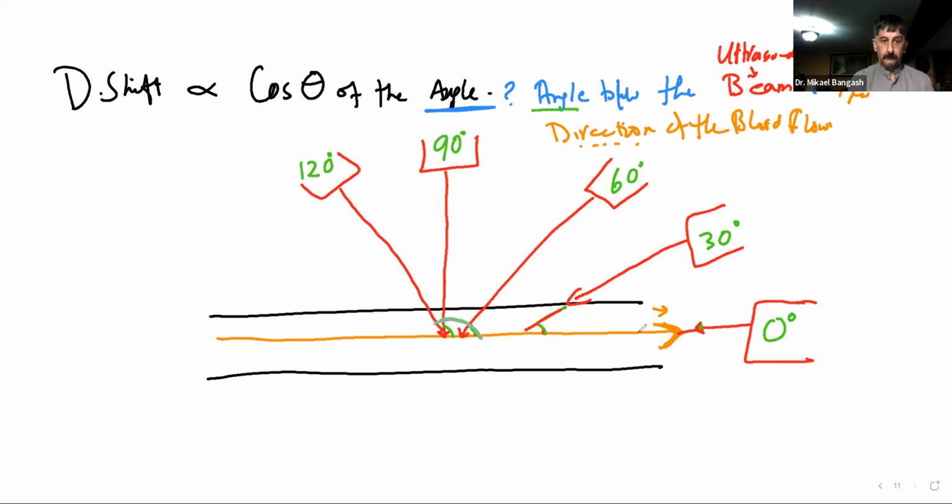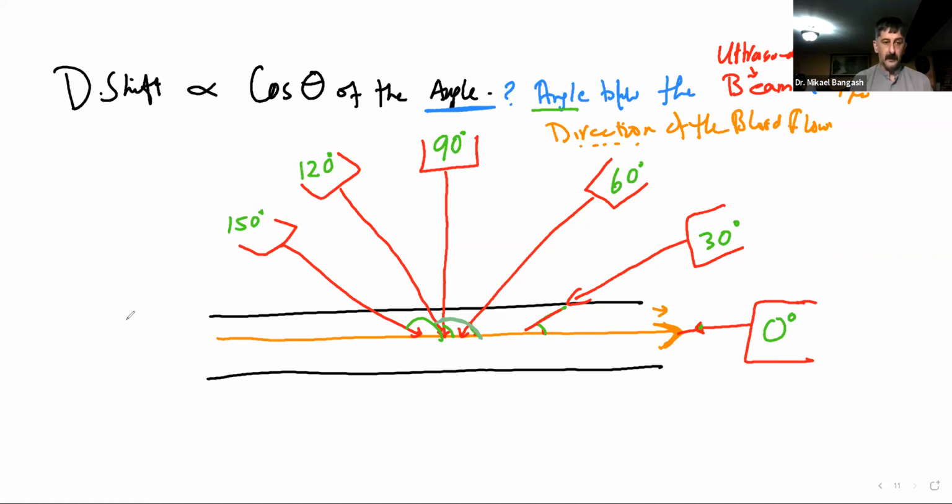The next one would be an angle of 150 degrees. This angle here roughly would be 150 degrees.